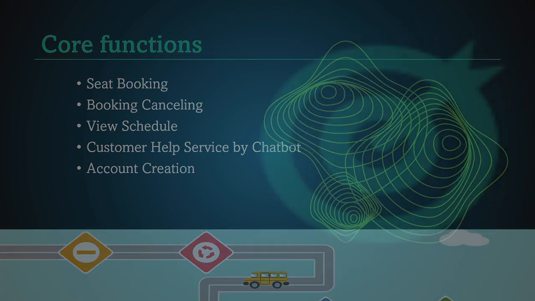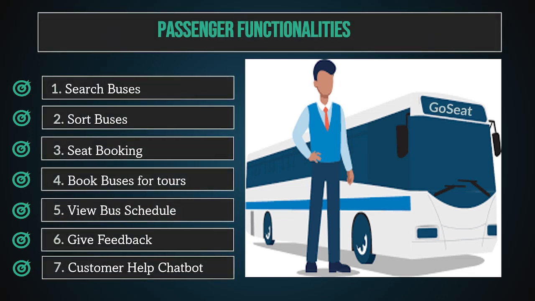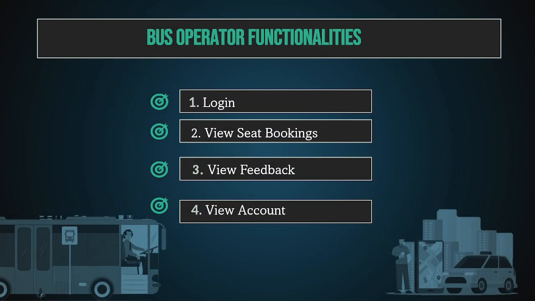So now we see the passenger functionalities. They can search bus, the coach, sort coaches, seat booking, book bus for tours, view bus schedule, give feedback, customer help, chatbot. And now see the bus operator functionalities: login, view seat bookings, view feedback, view account.